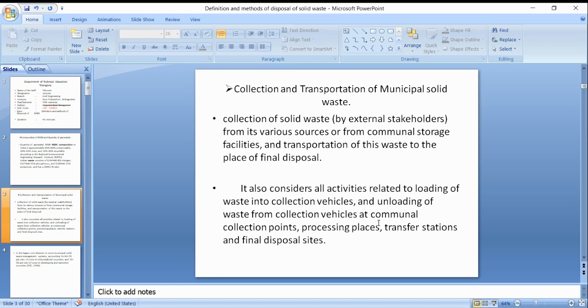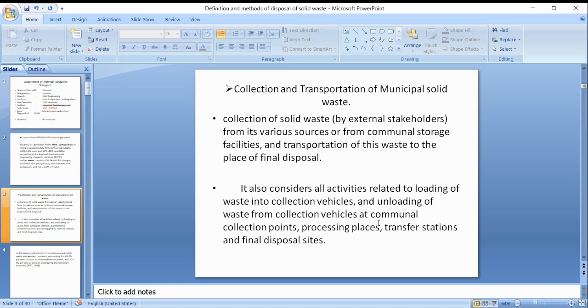Collection of solid waste can be done by external stakeholders, taken privately by other persons. It can also be collected from various sources such as communal storage facilities.